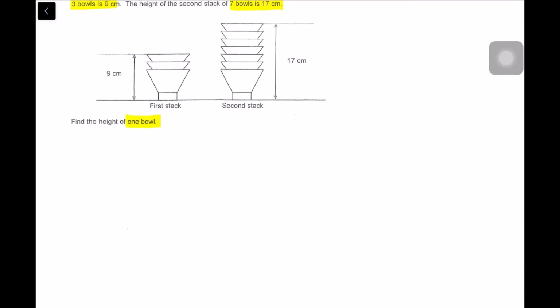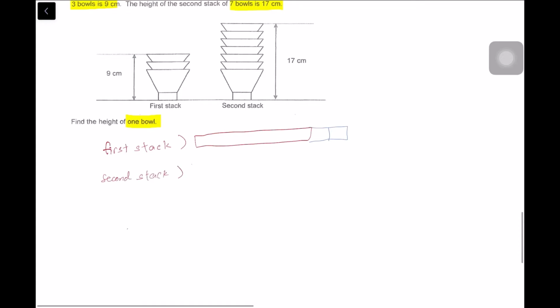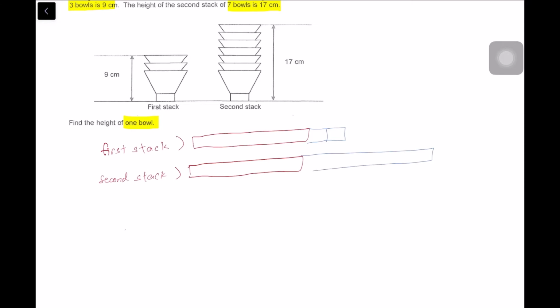So if I draw it out, we have the first stack, right? So we have one long bar followed by a series of two small bars, and for the second stack we have again a long bar followed by a sequence of 6 smaller bars.